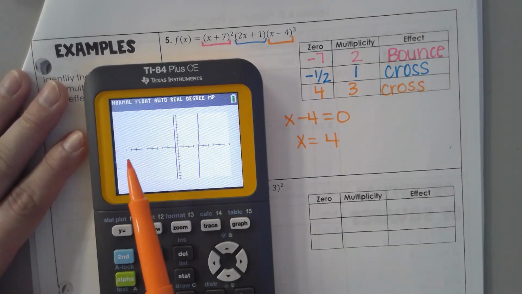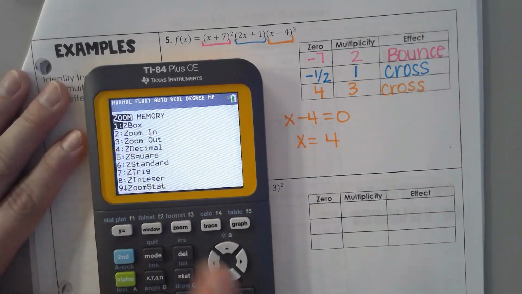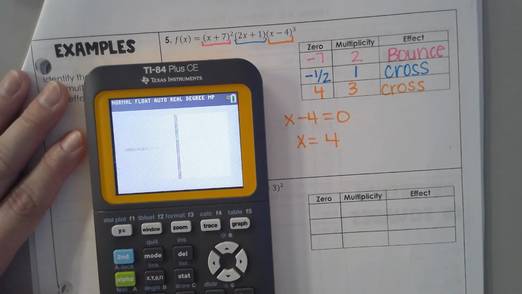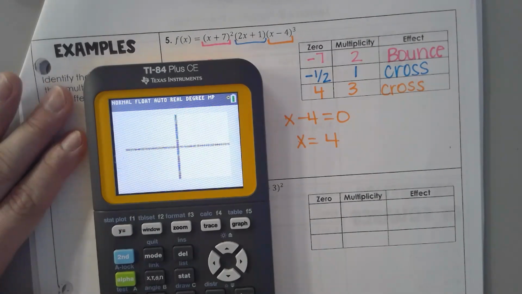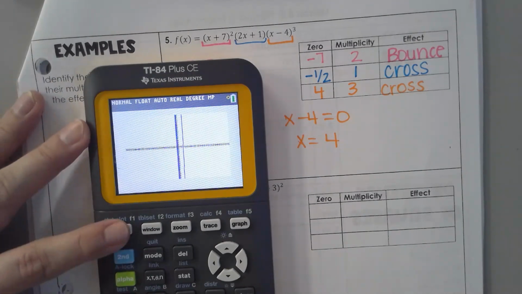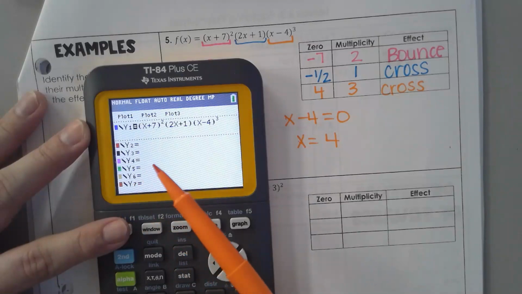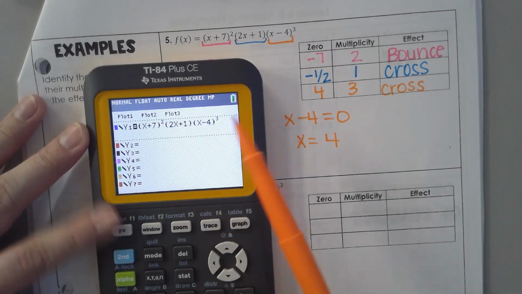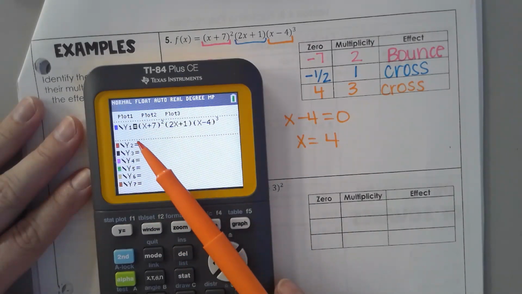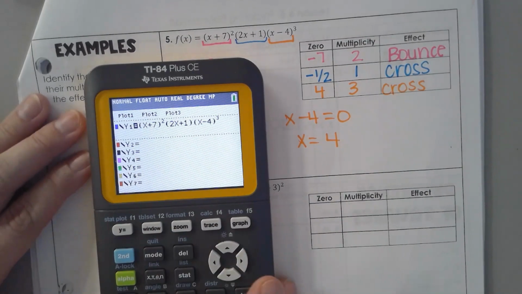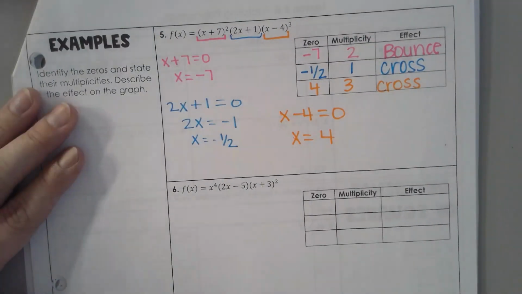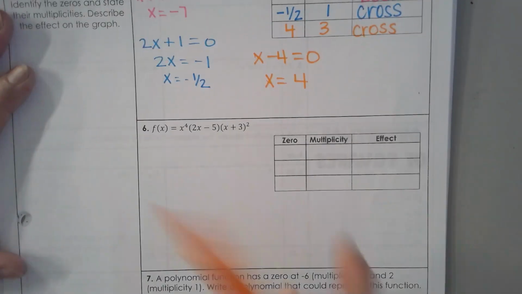I should have x plus 7. I'm not sure why that one didn't show up. I have to look at that one. Yep. All right. Go on to number 6 and see if you can fill out the chart.